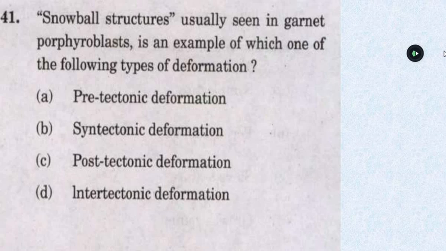Whether it is left lateral shearing or right lateral shearing. So snowball structure is the best parameter for determining the shear sense indicator, right? Whether it is left shearing or right shearing, or whether the shearing happens in a clockwise or anti-clockwise manner, we will discuss tomorrow.